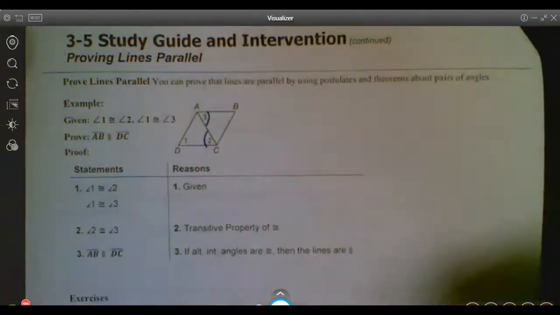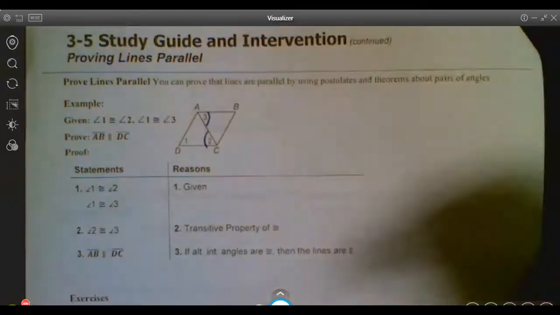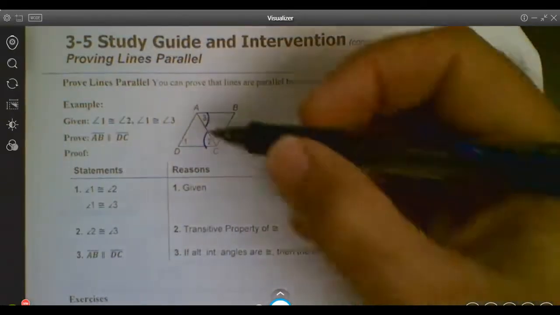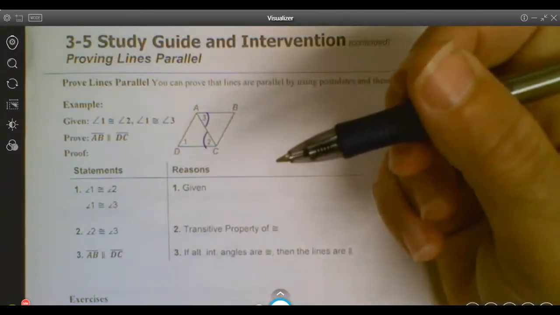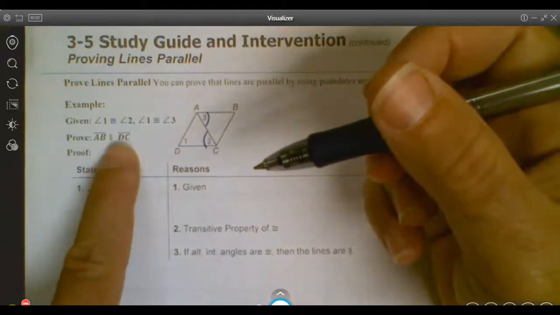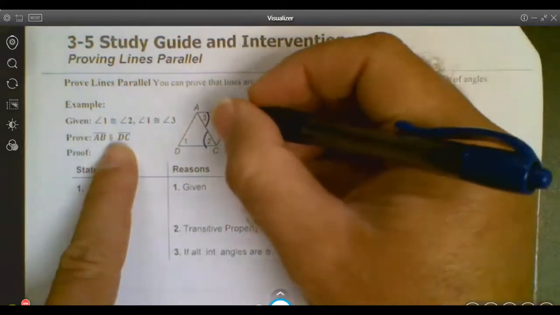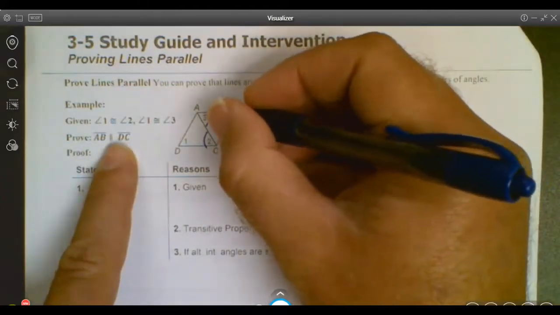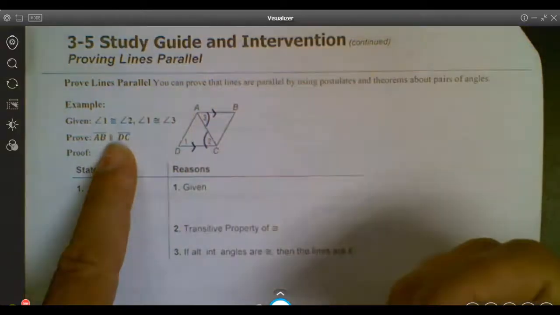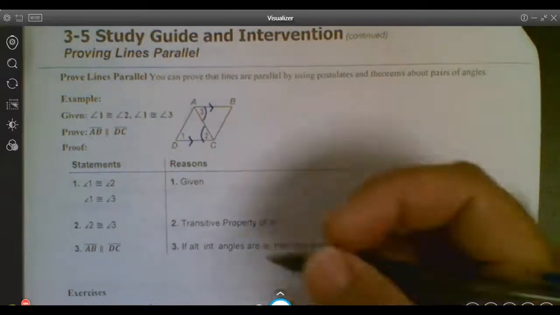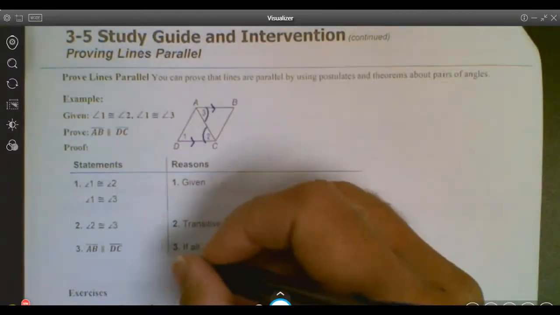So those are alternate interior angles, and we just proved that they are congruent. So the converse says, if alternate interior angles are congruent, then the lines must be parallel. So now I can say for certain that AB is parallel to DC because of the alternate interior angles theorem converse.